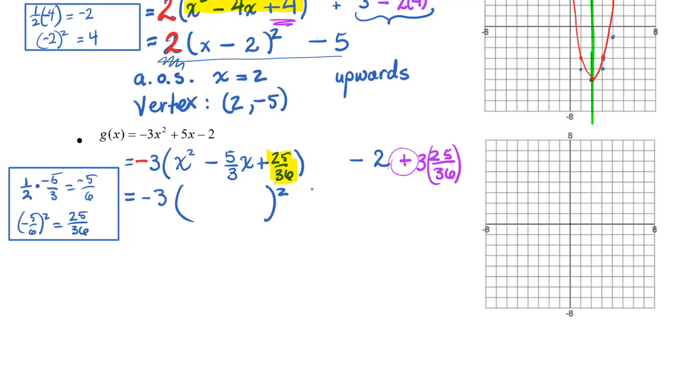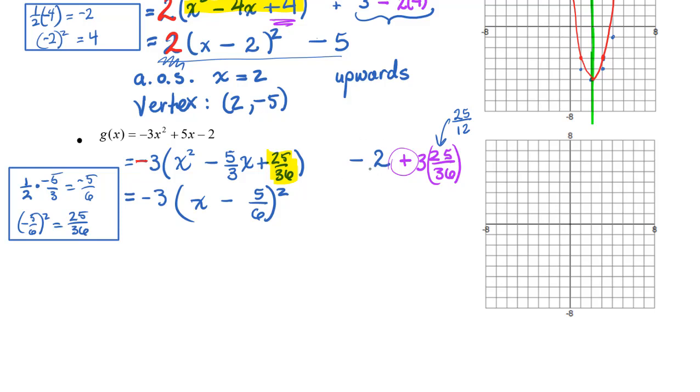Now I'm going to rewrite this perfect square trinomial as a binomial squared. So I have x minus 5/6 squared, and then negative 2 plus 3 times 25/36. Remember, if you multiply a 3 through, the 3 would reduce, and so you'll have 25/12.